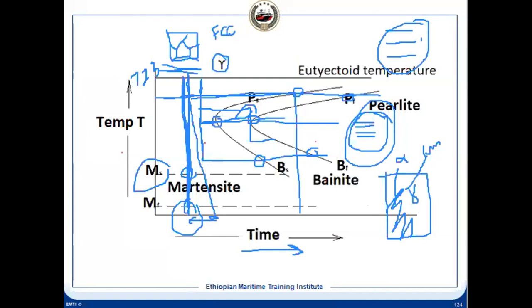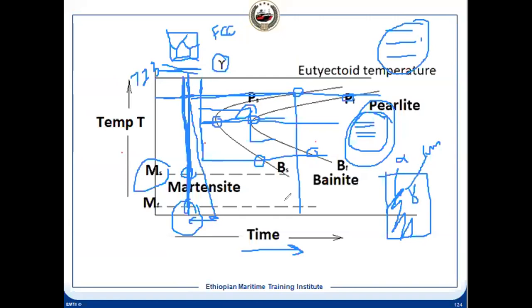This eutectic temperature is only for steel, what we are discussing now. What I am explaining is a particular phase diagram, the iron carbon phase diagram. It is for the steel. That's correct, what I have mentioned here.